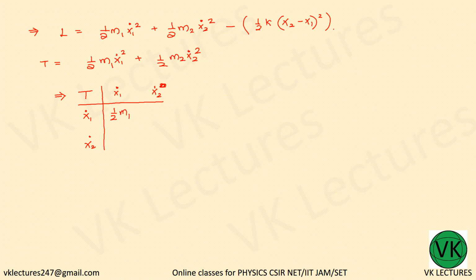Here, for x1 dot x2 dot, there is no such quantity, so this is 0, and since it is symmetric, here also we will have 0. Now half m2 is here, because for x2 dot square the coefficient is half m2.